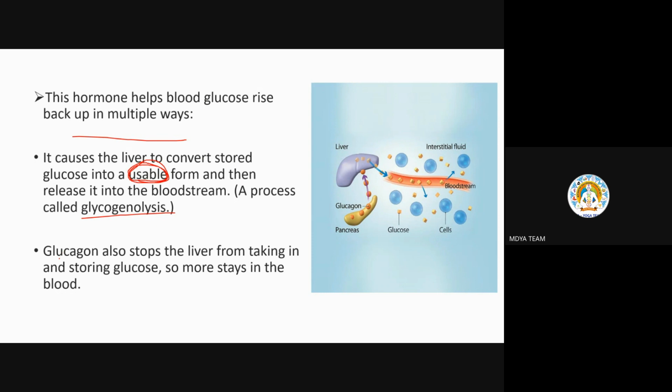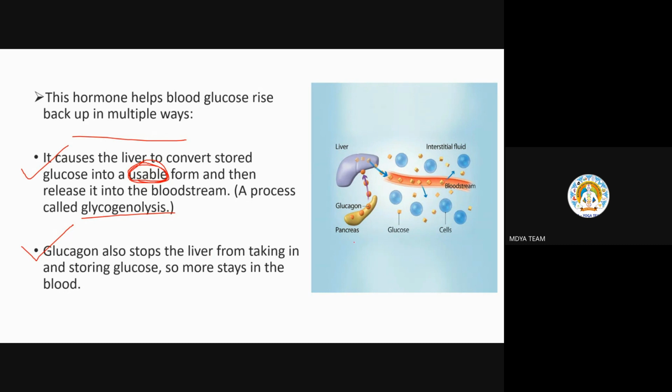Now glucagon also stops the liver from taking two things. First, it will break down the glycogen and convert it into glucose, the same thing we have understood before. Another thing is that glucagon stops the liver from taking in the stored glucose.